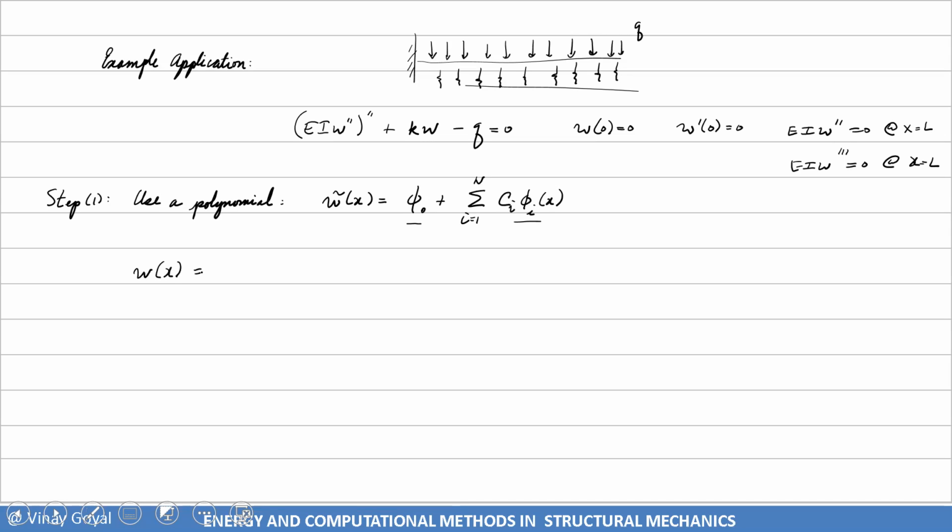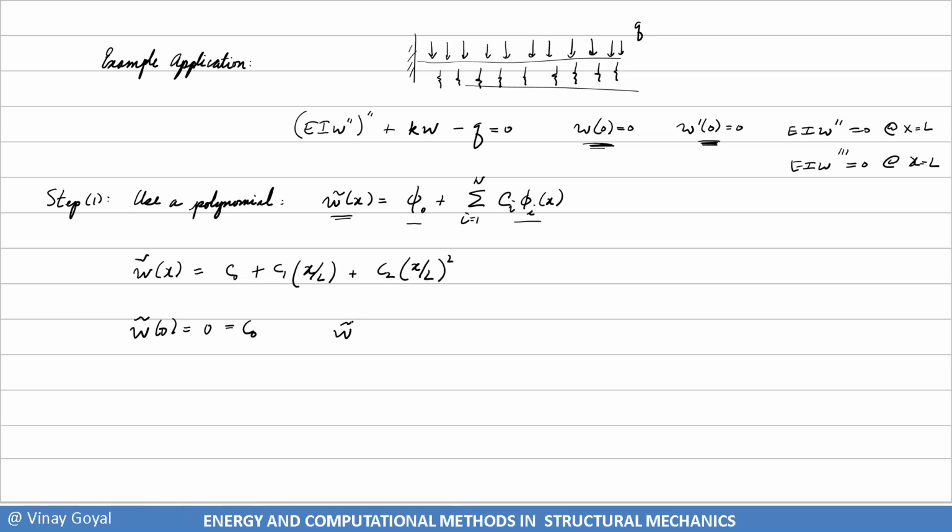So for W of X, I have two boundary conditions that are essential, and W tilde of X has to satisfy them. As a consequence, I'll start with a quadratic function because it will leave me 1 degree of freedom to figure out. And so I get that W of 0 is 0, so C0 is 0.